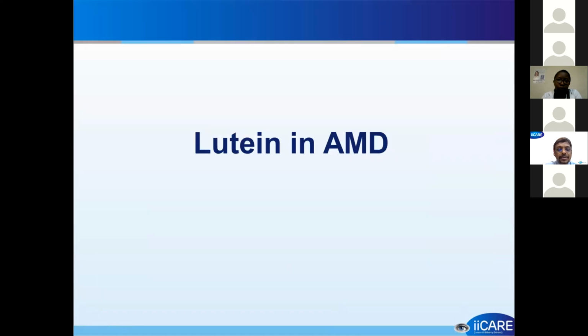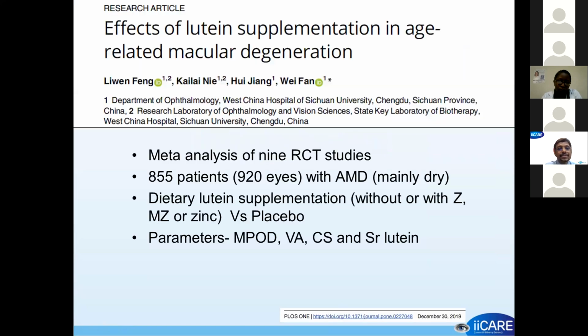Now, evidence on lutein in age-related macular degeneration. I'm sharing with you the latest meta-analysis on the studies conducted with lutein supplementation in age-related macular degeneration, which was published in December last year, 2019.